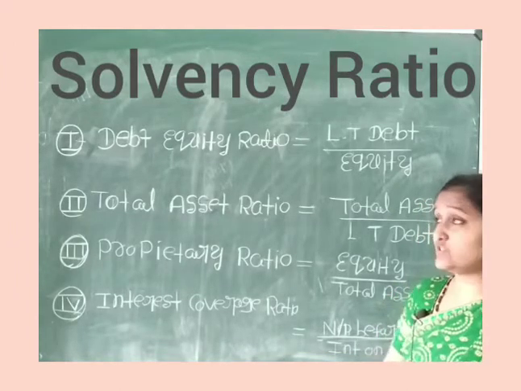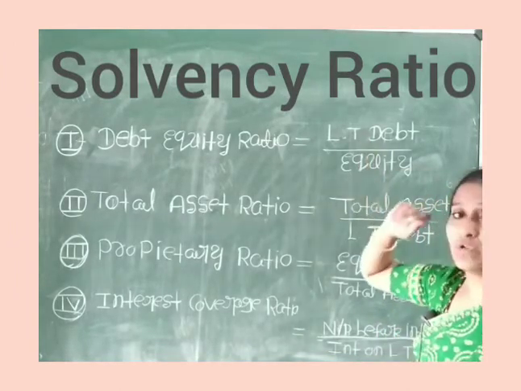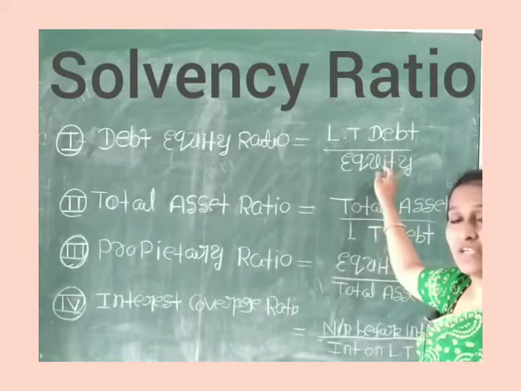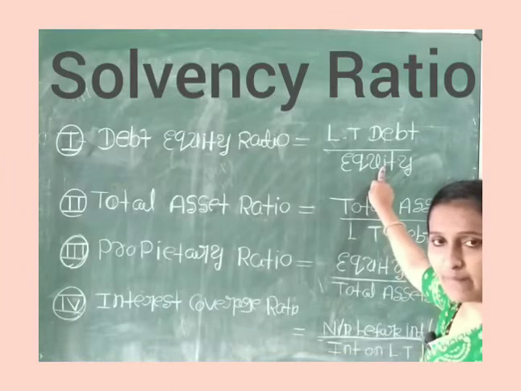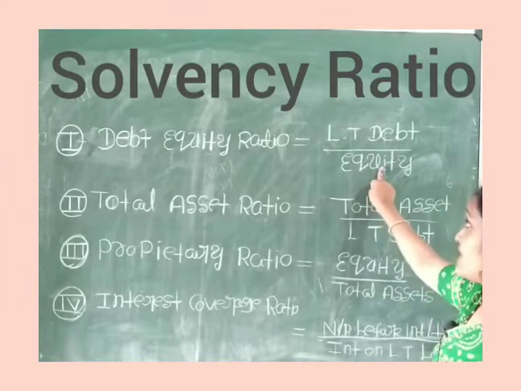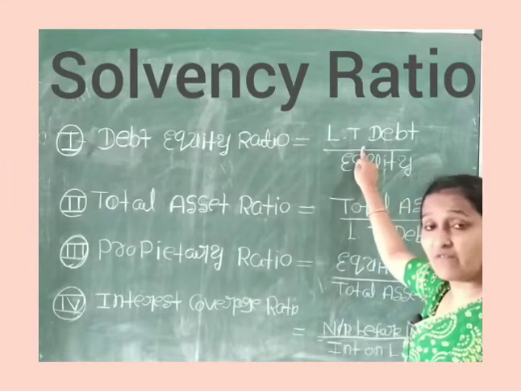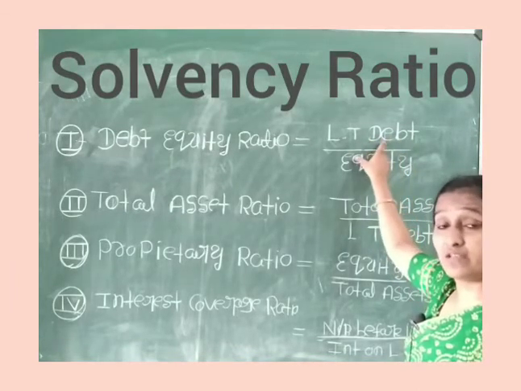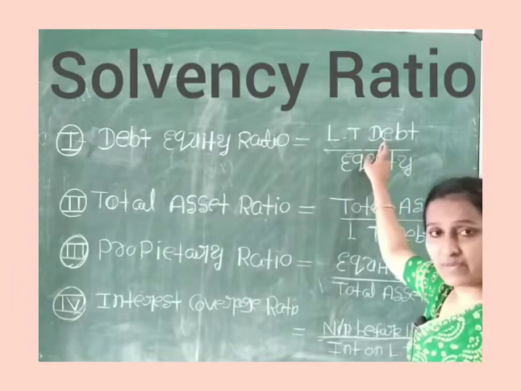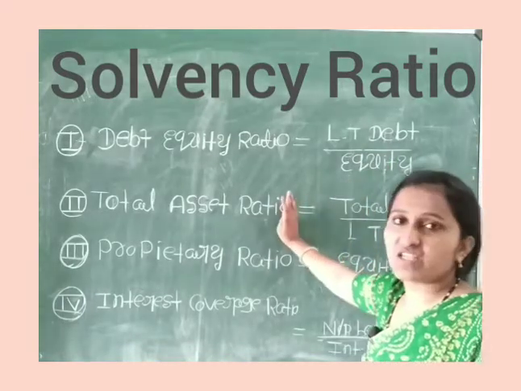Here we are going to check equity against long term debt. How much equity we have, how much share capital we have, as equity is a part of share capital, and how much long term debt we have. Whether long term debt is more than equity or equity is more than long term debt, we are expressing in the form of a ratio. That's it.